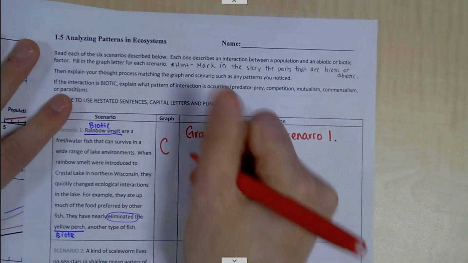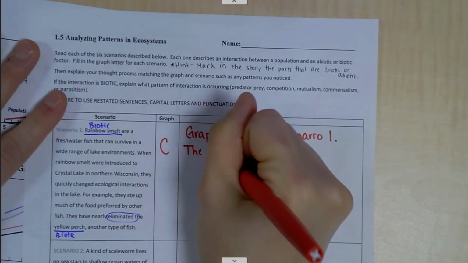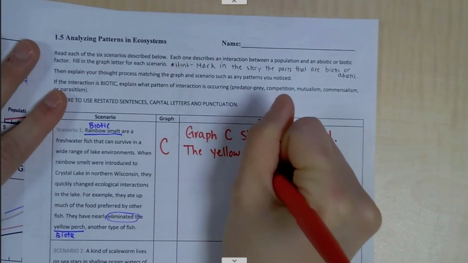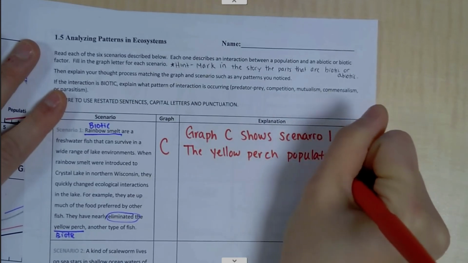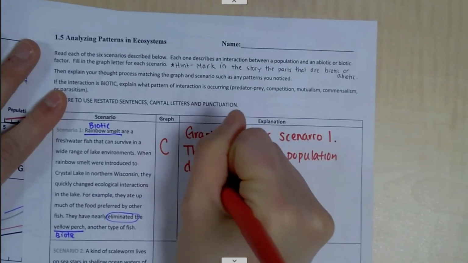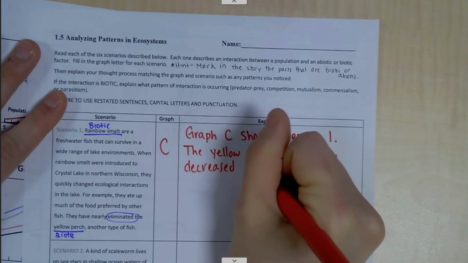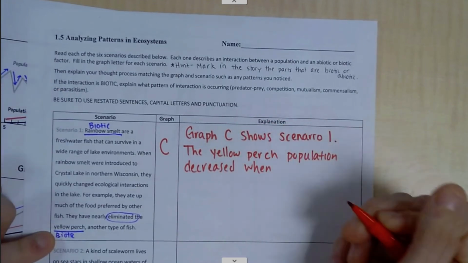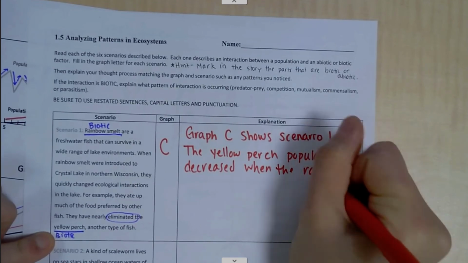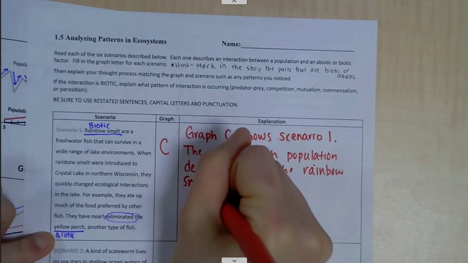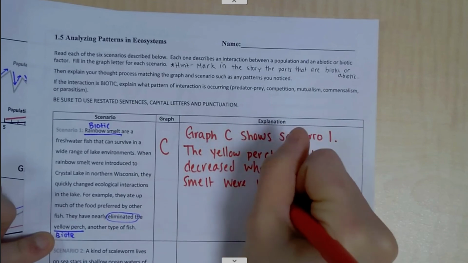So we could say the yellow perch population decreased when the rainbow smelt were introduced.